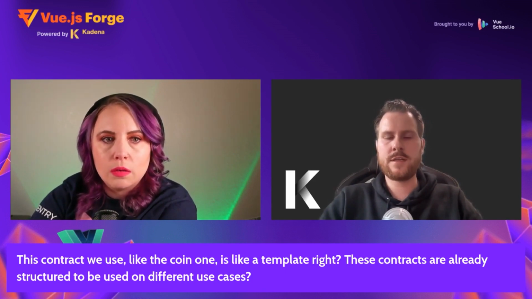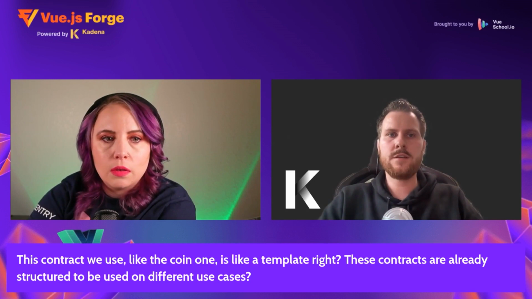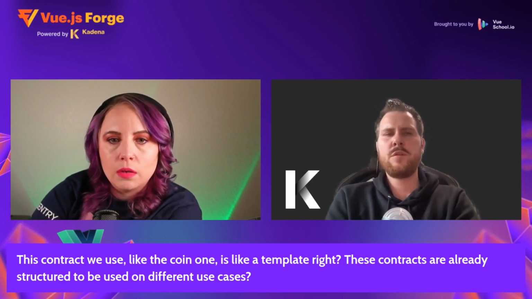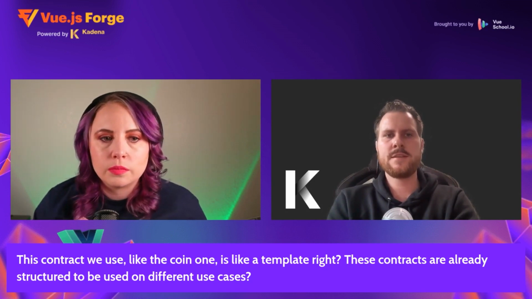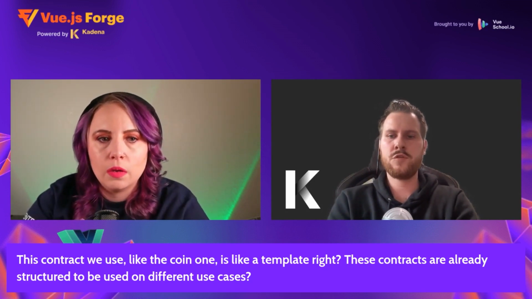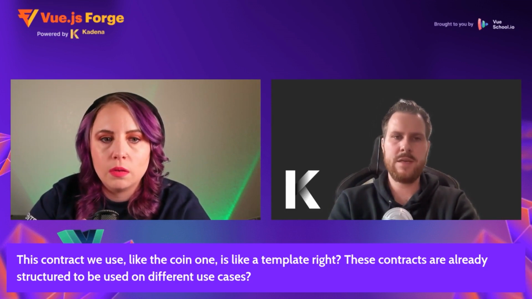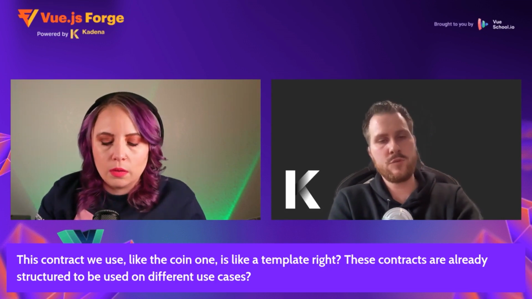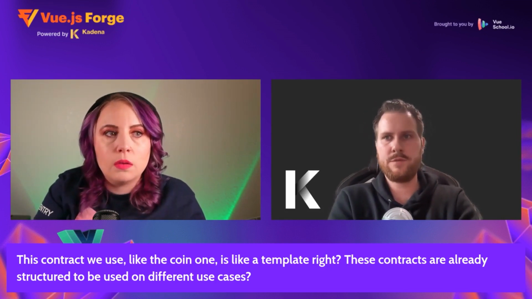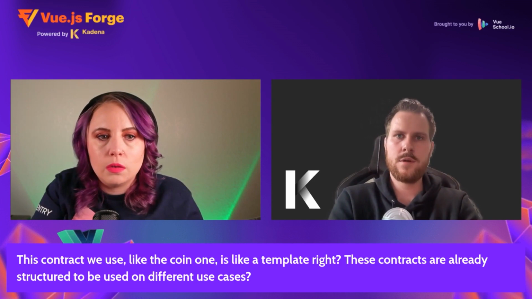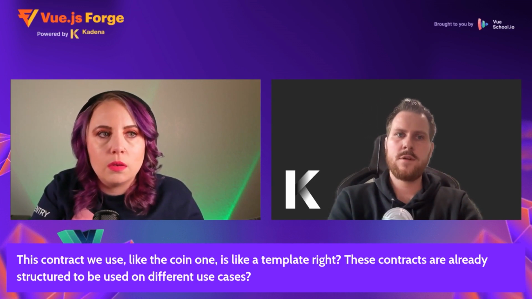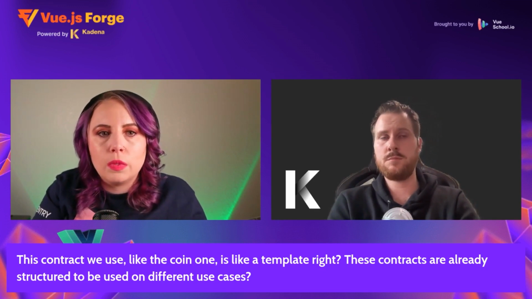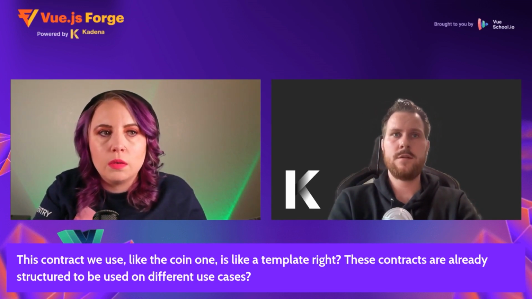It's actually a contract that cannot be upgraded, but if you mean a template, it's a template for fungibles, and a fungible is something that can be split up. So a token that can be split up in parts, like a regular non-fungible token, an NFT, cannot be split up in parts. If you have an image, you cannot split that up.